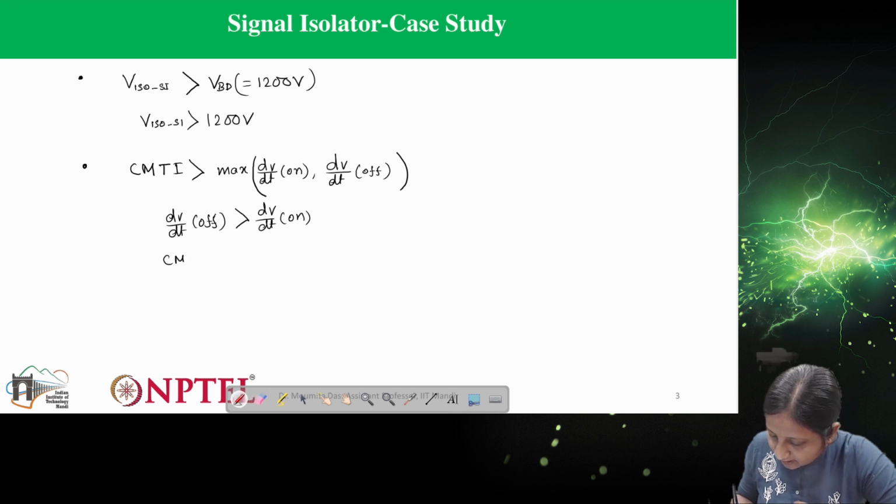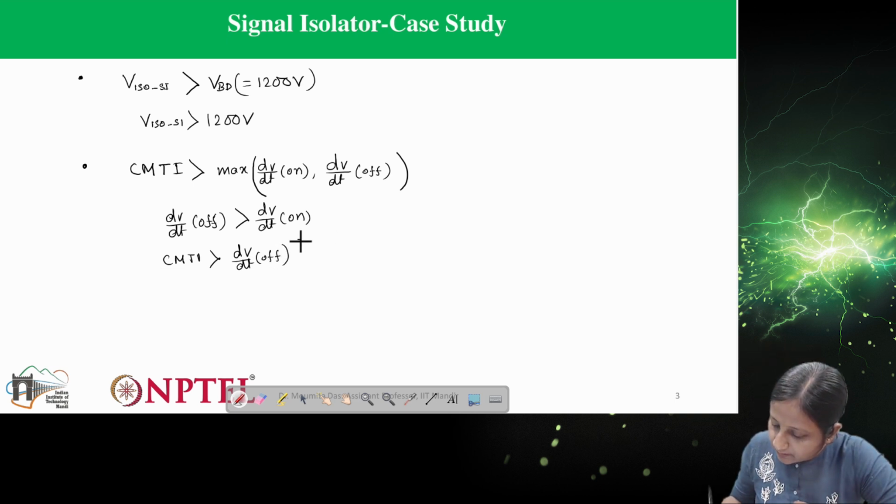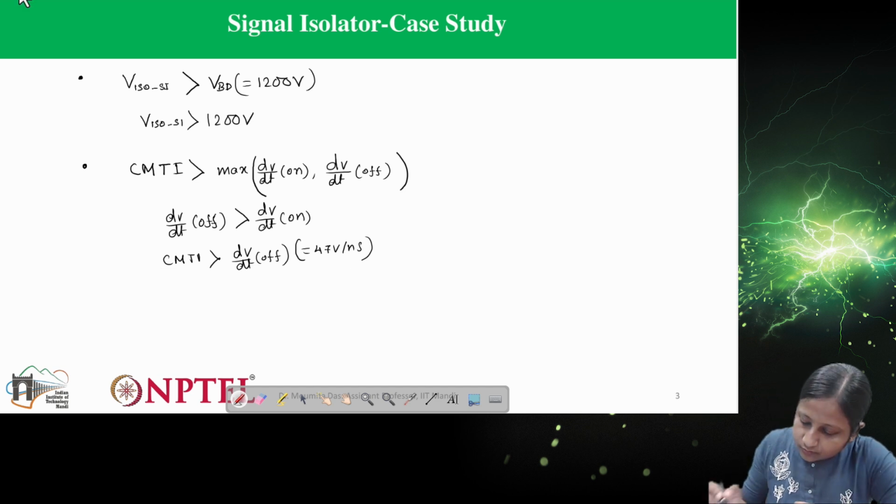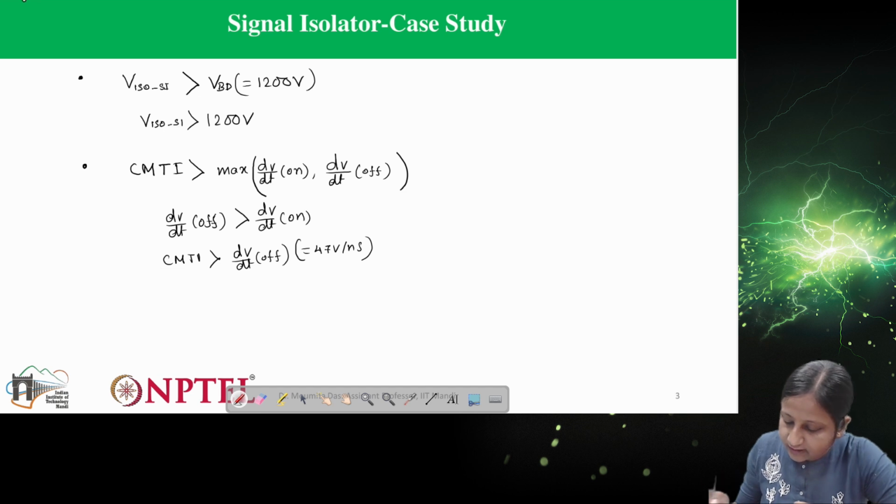So CMTI we have to select more than dV/dt off time, because during off time we will get maximum dV/dt. So it will be equal to 47 volts per nanosecond. So this value we have to consider for designing of CMTI. So you got the isolation voltage and the CMTI. These are the main parameters for selecting the signal isolator.